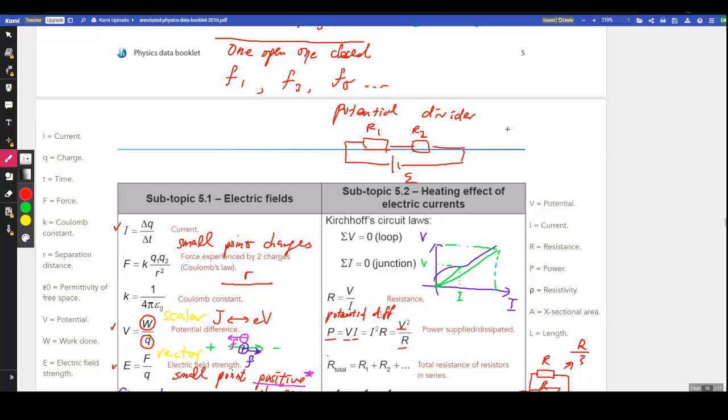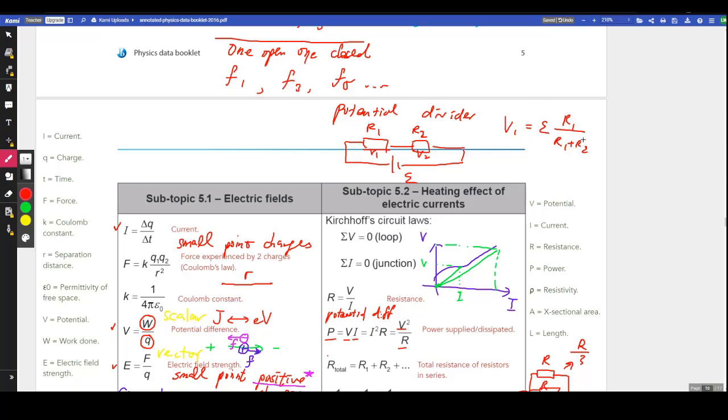Let's say this is taking up V1, this is taking up V2. Then V1 equals epsilon, over the total resistance, as this fraction R1 over R1 plus R2. So this is the total, and R1 is how much you get.